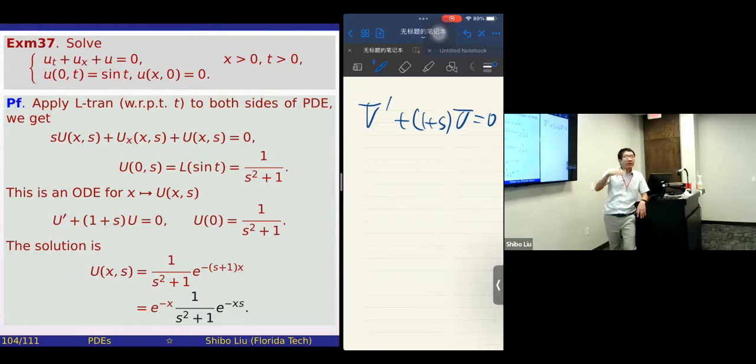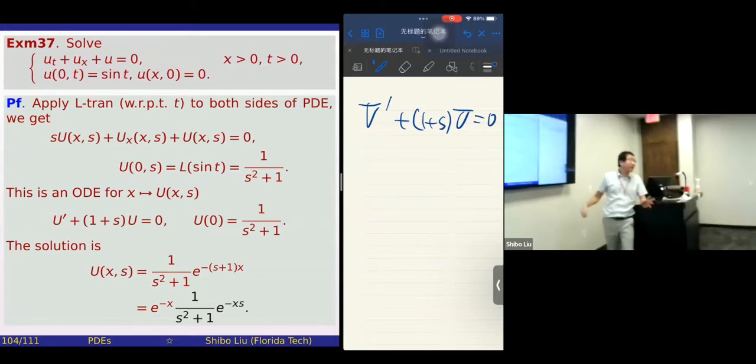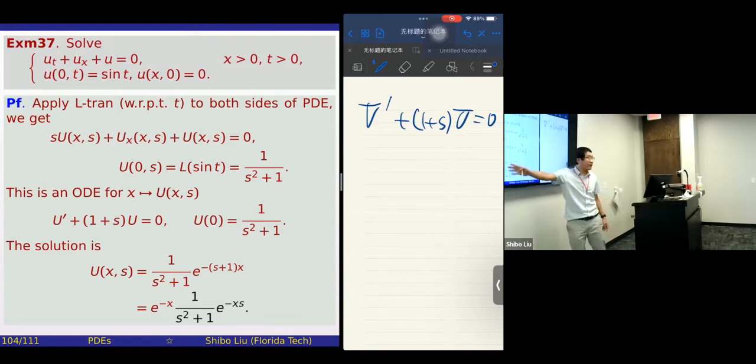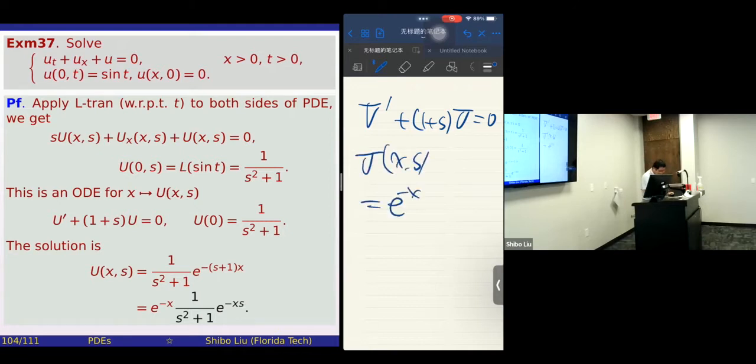Therefore, when you are doing the Laplace transform or its inverse transform, x is constant. So we separate this, and we only need to work with this. This is a constant, which can move out of the transformation. Anyway, this is our U(x,s) equal to the exponential of minus x times e to the minus xs over 1 plus s squared.